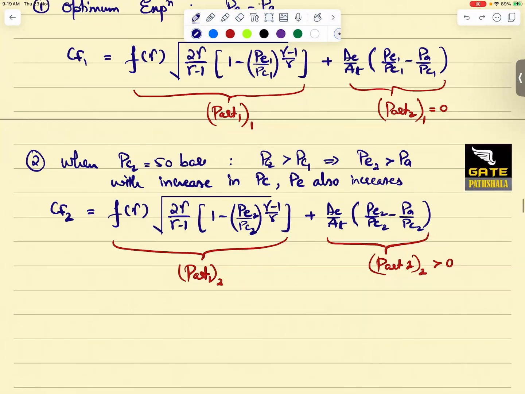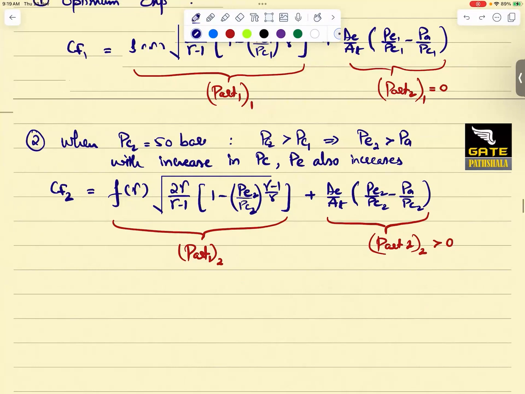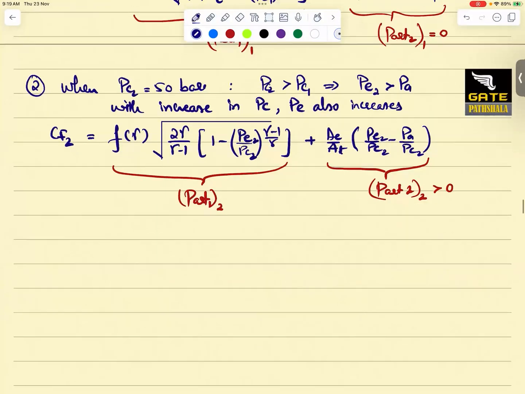But one thing is sure, part 2 of the first case was 0 and you are now having an extra part. So that will add up to it. You can guarantee that.